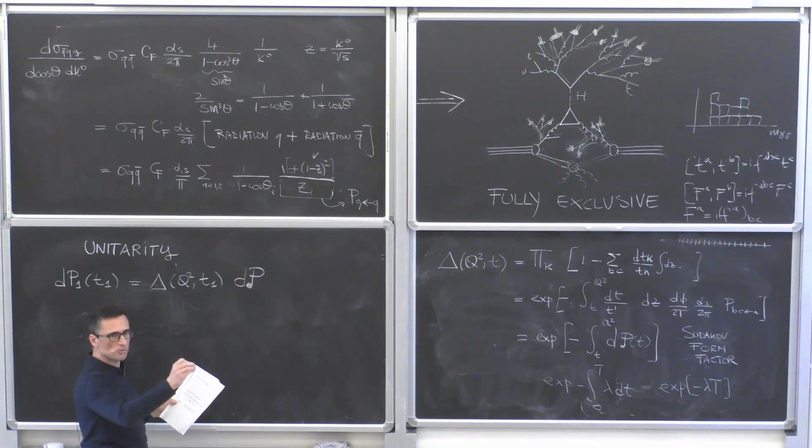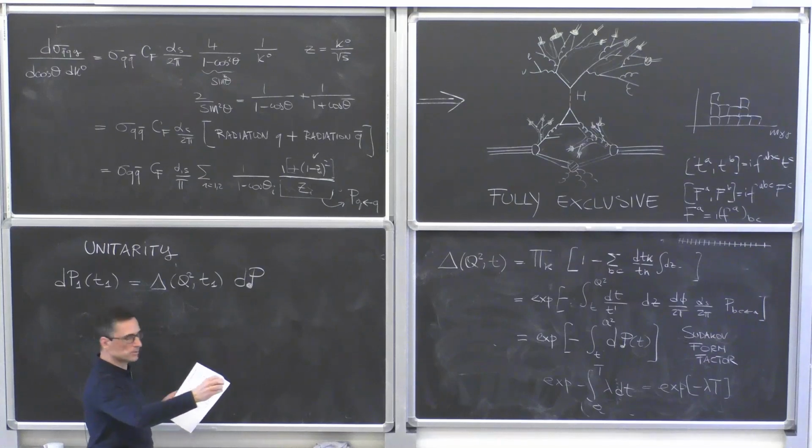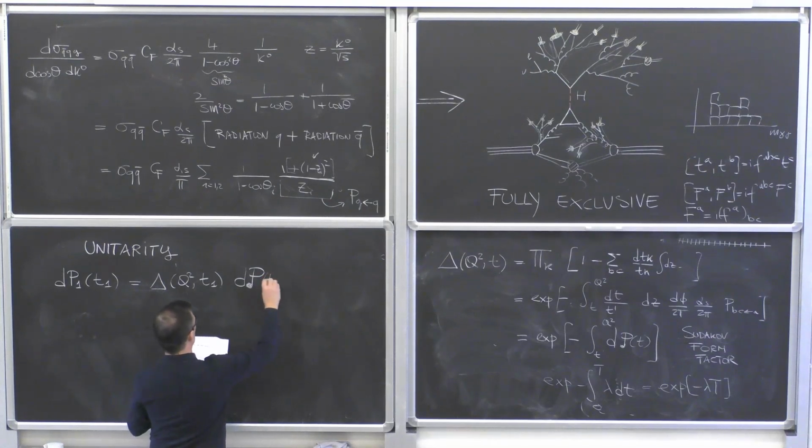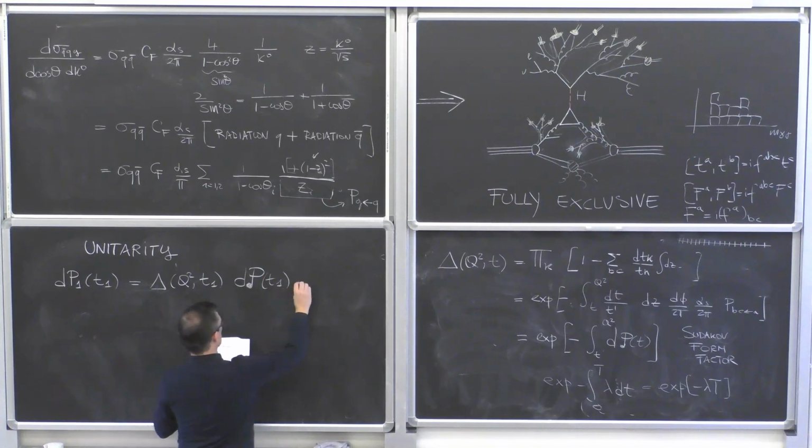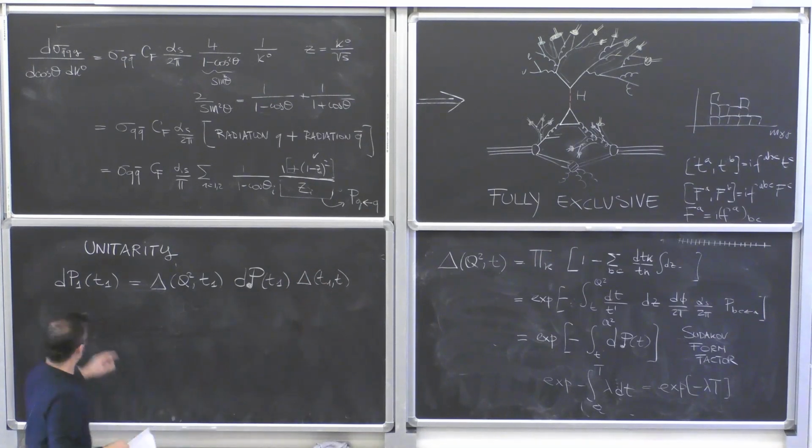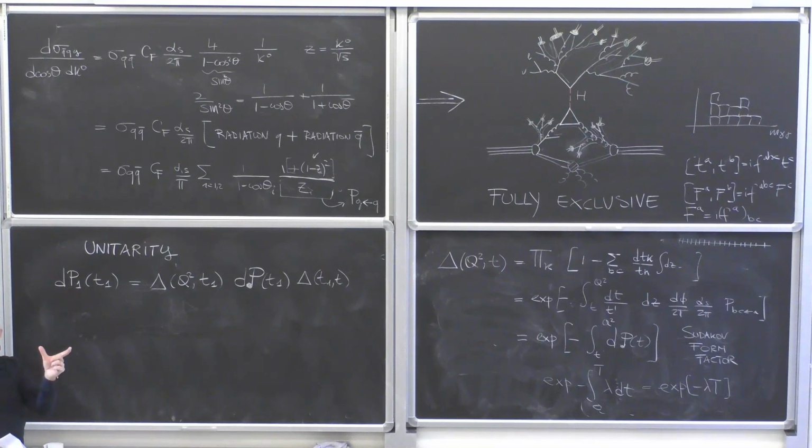So it's the probability of emission at a given time t1. And this then is the probability of not emitting up to t. So this is the probability of having one emission in the interval.